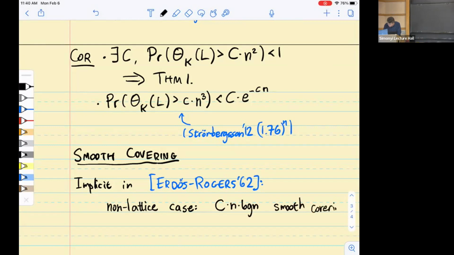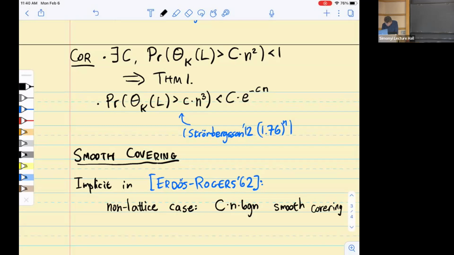The non-lattice case is easier because you just take random shifts and it's like expectations. You have much more randomness to work with. Then it's basically straightforward analysis. I'm slightly simplifying. There are some issues, it's not that straightforward, but yeah.